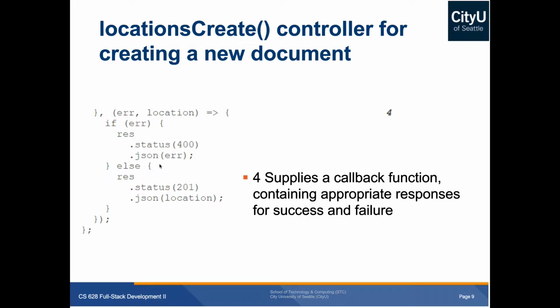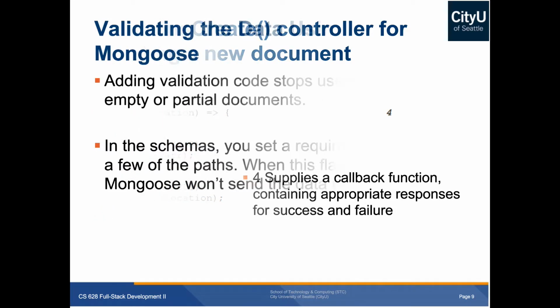What I mean is, if the location was created successfully, let's return a 201, which means that it was created, and also return that JSON location object, right? Whatever you have saved, return that back to the application that requested it as a confirmation.